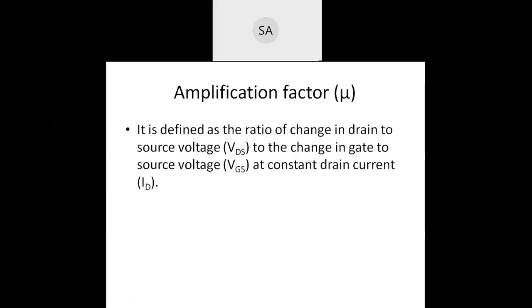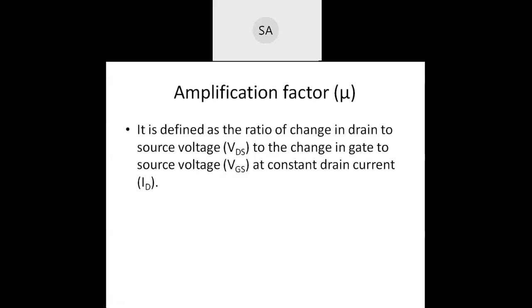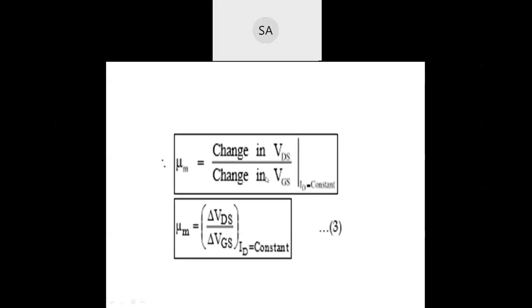And the third one is the amplification factor. So here the transconductance equation is the change in the drain current divided by the change in the gate to source voltage, keeping VDS constant. Just make the correction, that it is VGS that is changing.